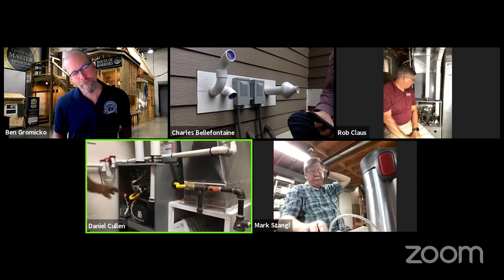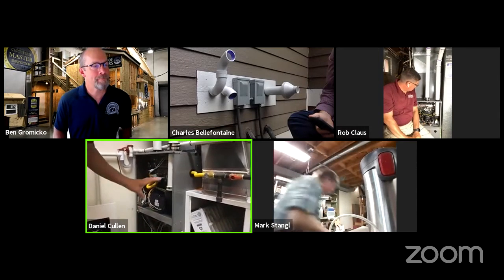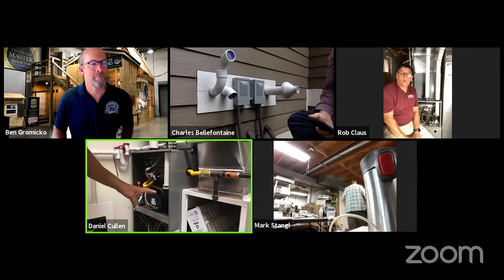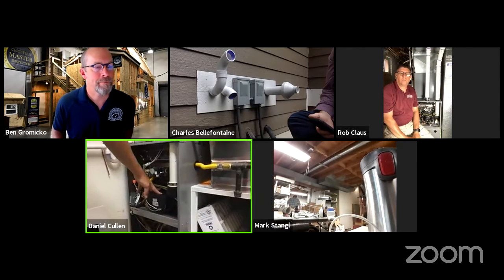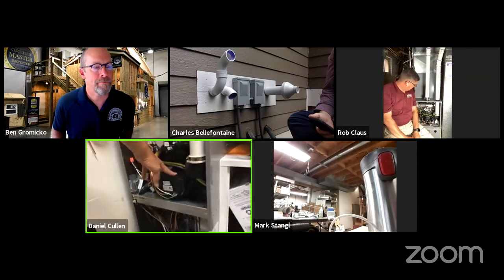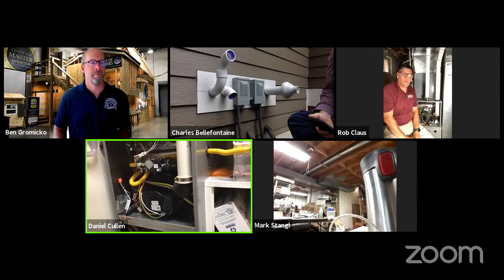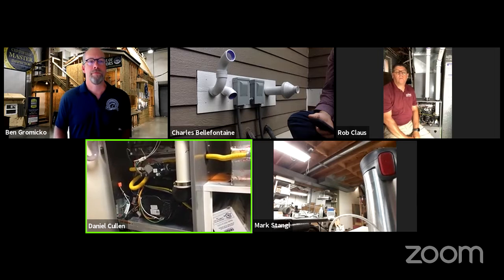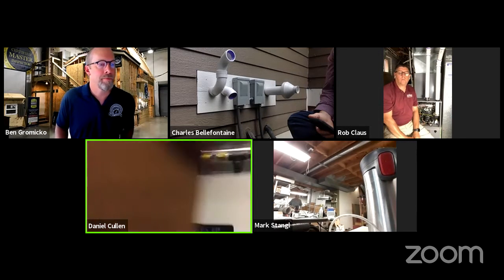There's really no danger to it, but eventually I will change it to metal. Not only does the unit have an ECM air handler or blower motor, it also has an ECM inducer motor. So it's super quiet, and the difference in efficiency and cost and comfort is incredible.